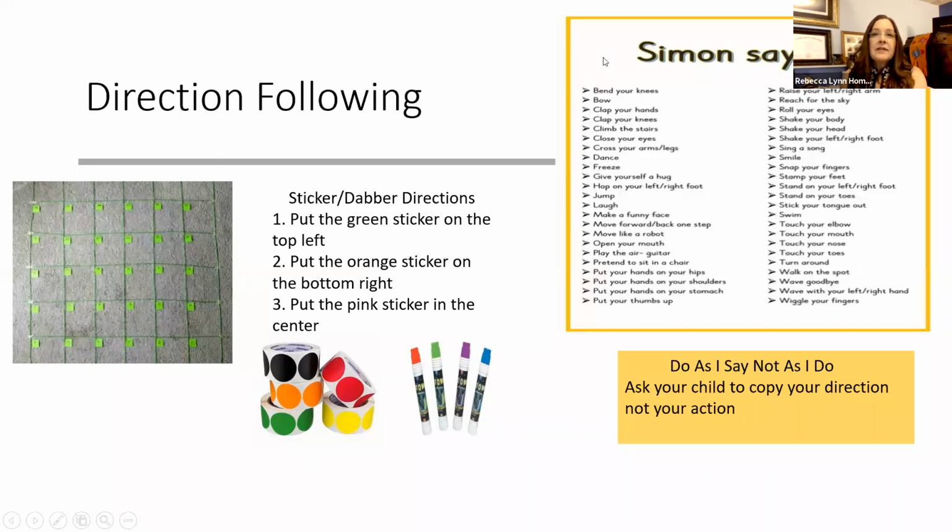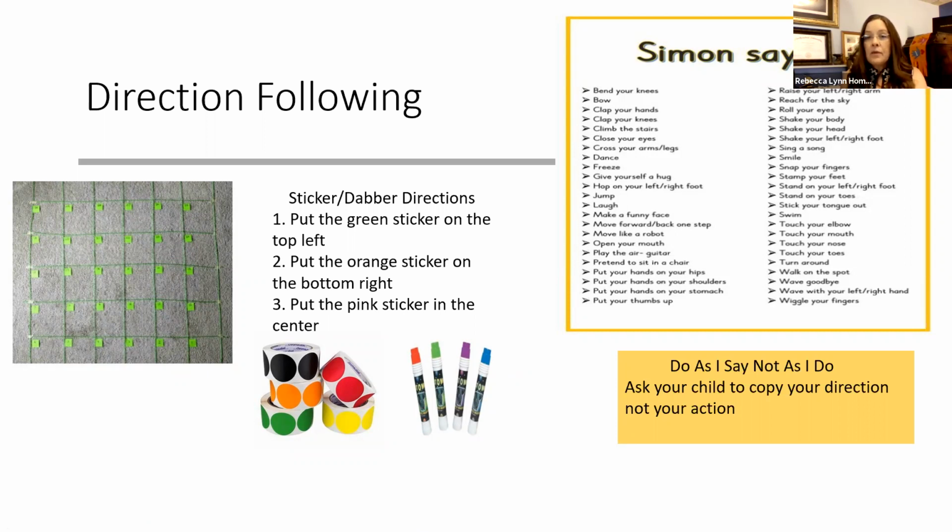And for our kids in phase 1 CBI, perhaps we want to make sure that we're giving them the directions within their motor ability. But we might also just use the dabber and provide that hand under hand assistance and say, we're going to put a red mark on the top left of your paper. And so tell them what we're going to do. If they need help, we're going to help them hand under hand to do that.